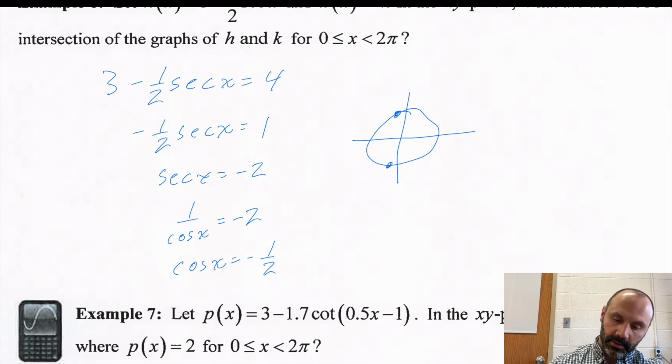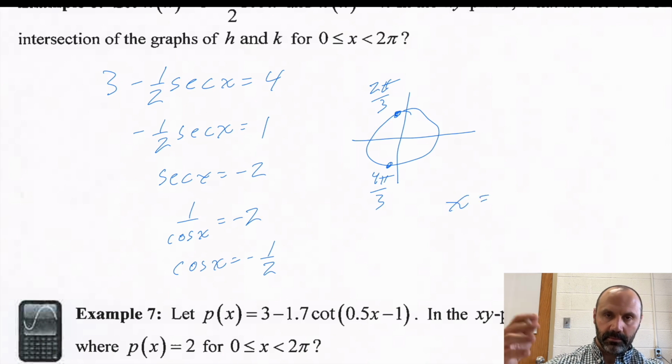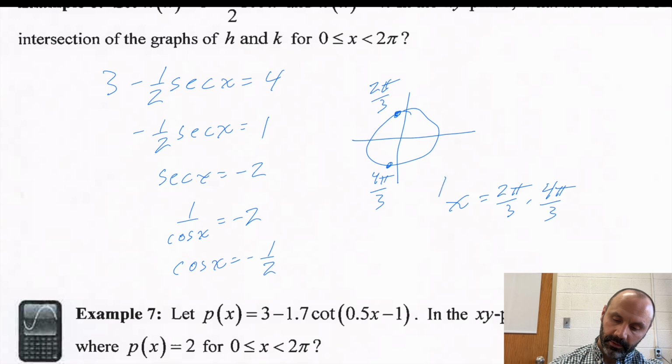So this is 2 pi over 3, and this would be 4 pi over 3. Okay. I'm restricted in my domain, so I'm not going beyond that, like plus 2 pi k or anything like that. So x equals 2 pi over 3 and 4 pi over 3.